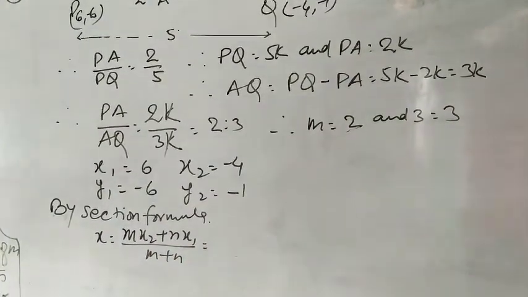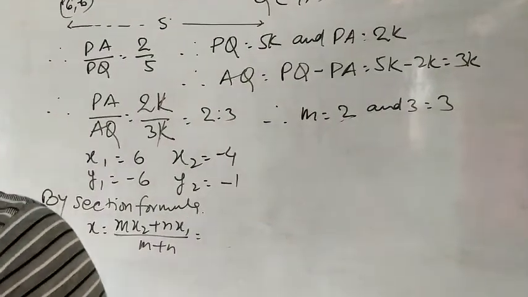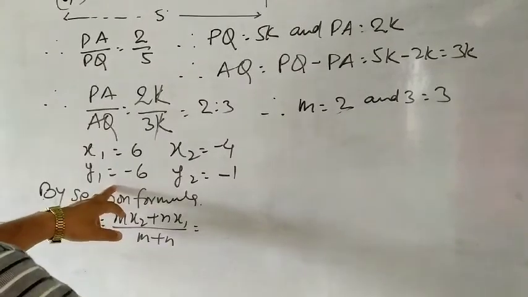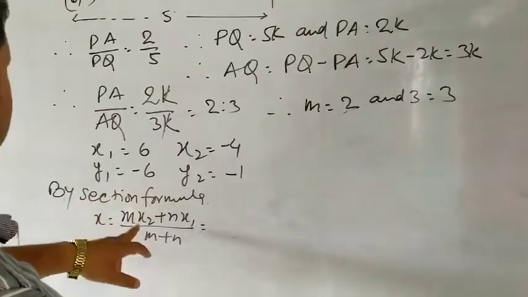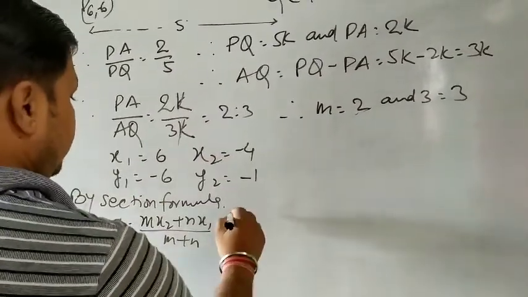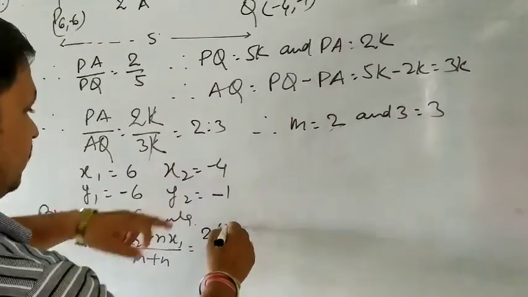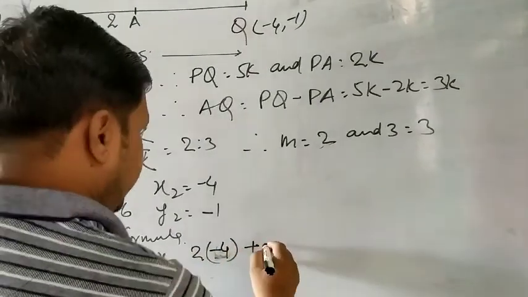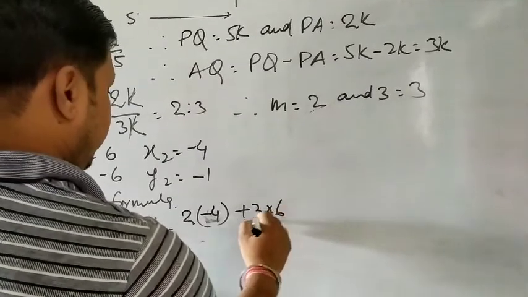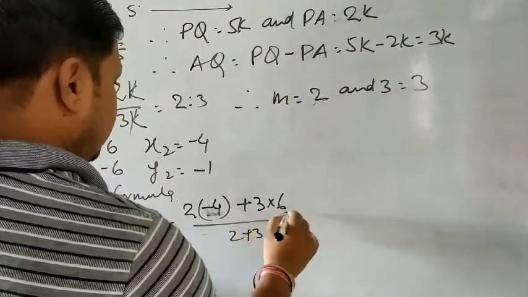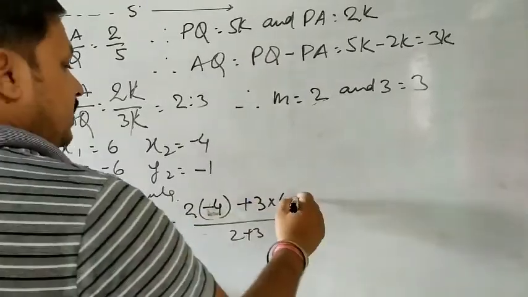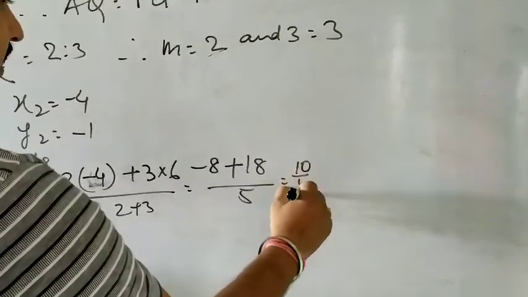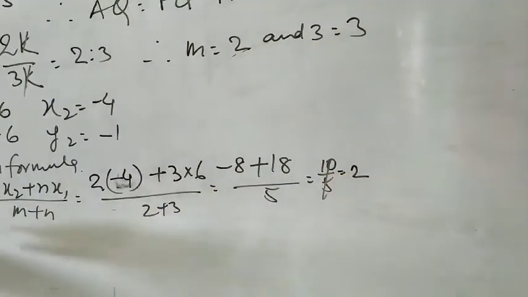So m is 2 into x2, -4, plus n equal to 3 into 6, by 2 plus 3. So 2 times -4 is -8, plus 18, by 5. That means 10 by 5 equals 2.